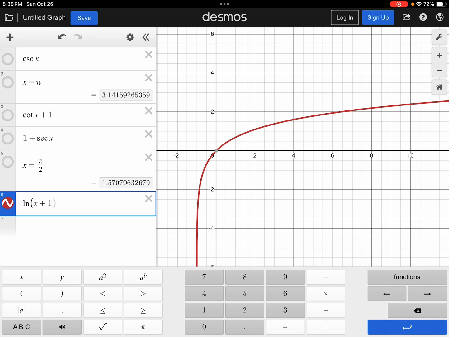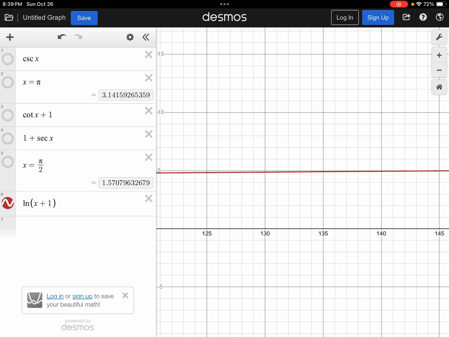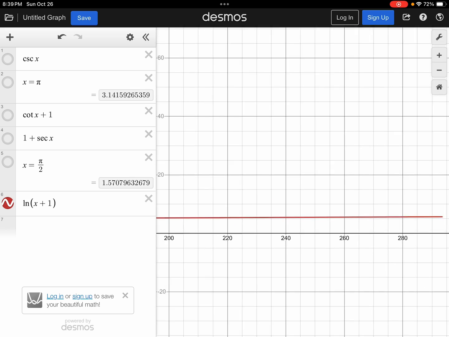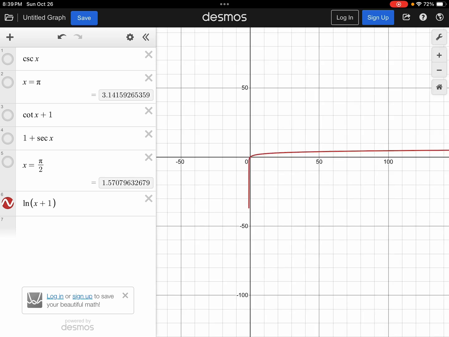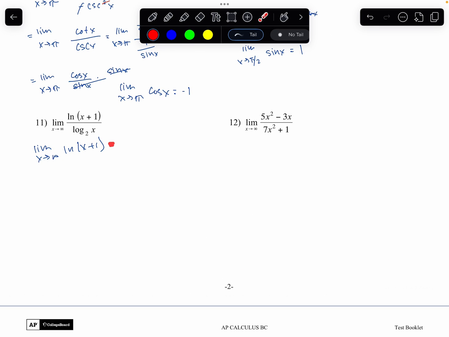So as we go to infinity, it is an increasing function, even if it is a very, very slow increasing function. Nonetheless, it is an increasing function. At infinity, it will be infinity.